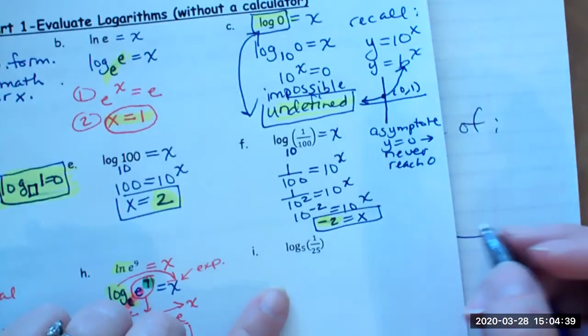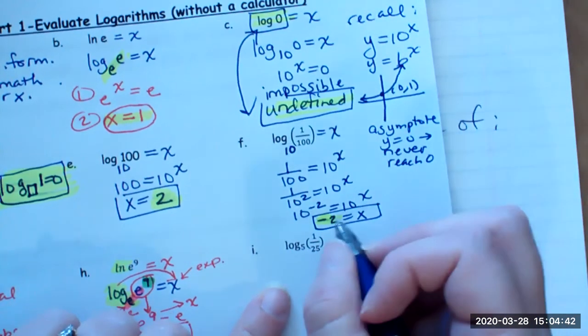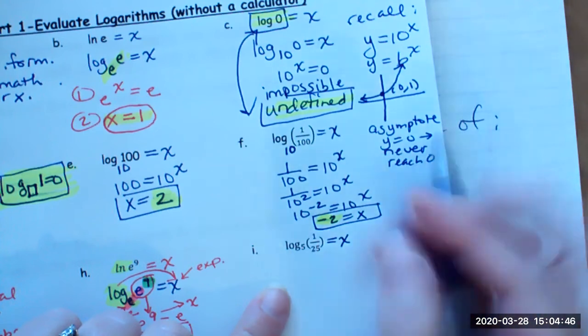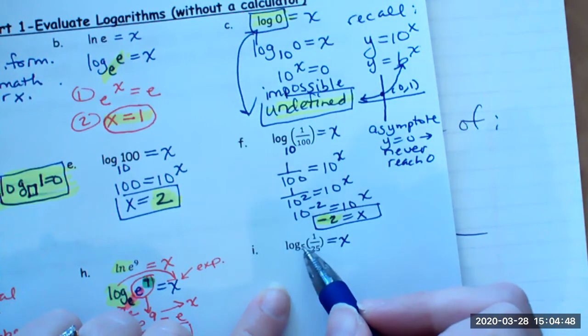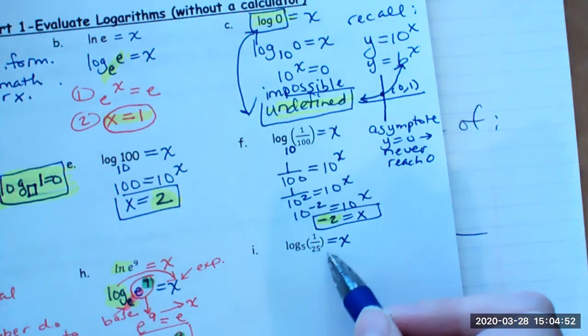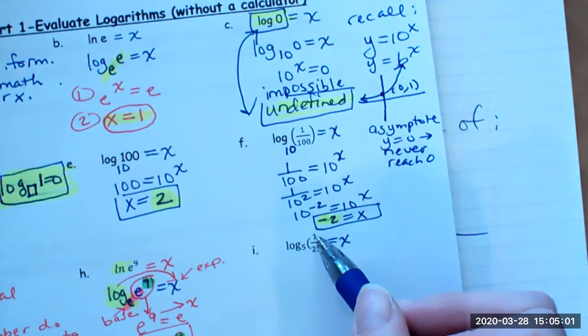All right, so we've got log base 5 of 1/25, and I'm going to set that equal to x. Now I could say to myself, what power do I have to raise 5 to get 1/25? And many of you can do that mentally, because you know you have to raise 5 to the 2nd power to get 25. So then think, what power do you have to raise 5 to get 1/25?